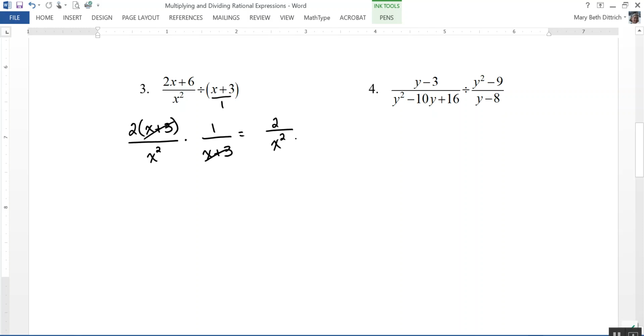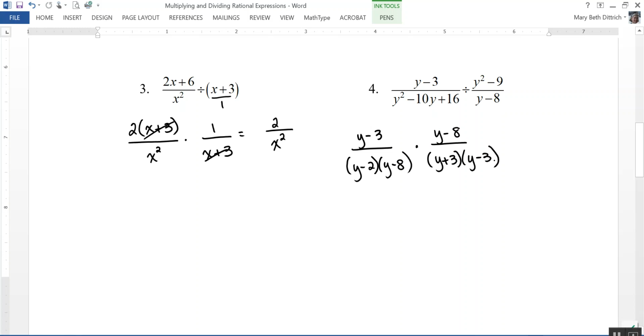And the last example here has several things I can factor, so my first rational expression, y minus 3 over y minus 2 times y minus 8, okay, times, and then let's multiply by the reciprocal, y minus 8 over y squared minus 9, which factors into a y plus 3 times a y minus 3.